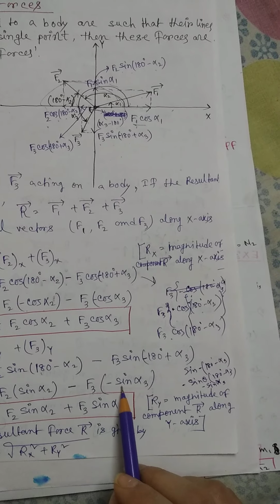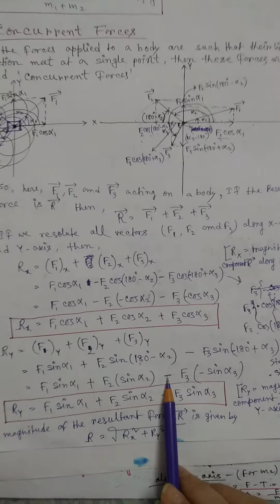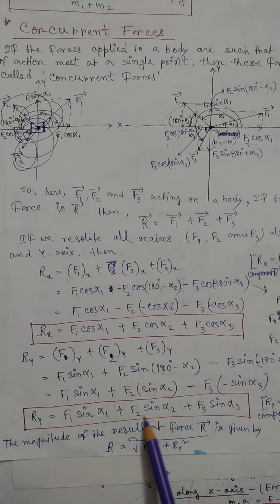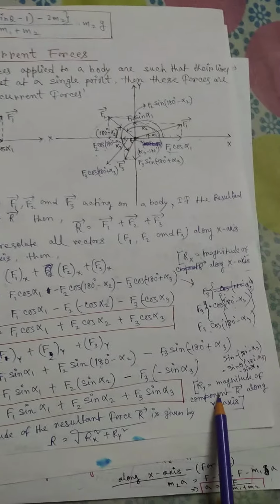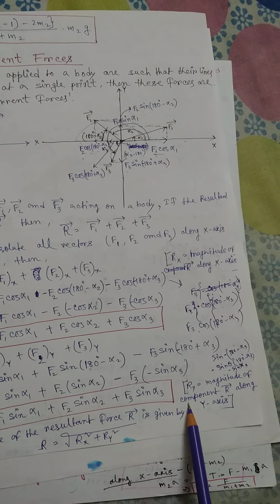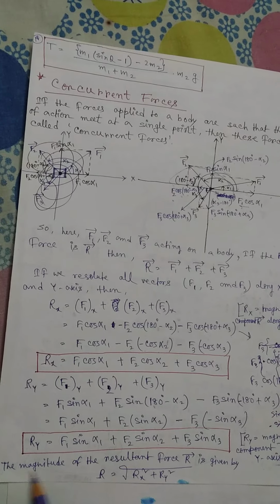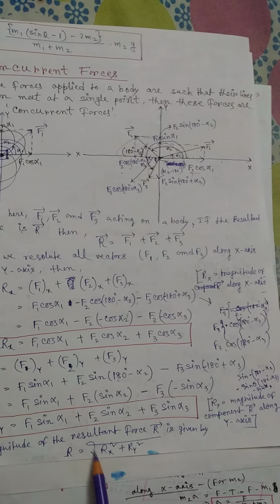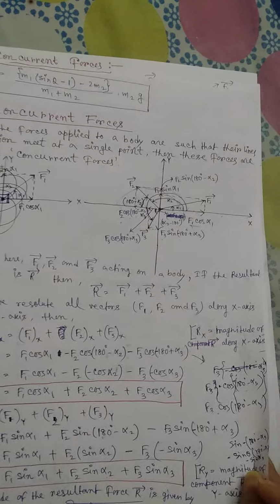So this one equals minus sin alpha 3, and this minus will be positive, so Ry equals F1 sin alpha 1 plus F2 sin alpha 2 plus F3 sin alpha 3. Okay, Ry is the magnitude of the component of R vector along y-axis. So the magnitude of the resultant vector R is given by R equals root over Rx square plus Ry square.